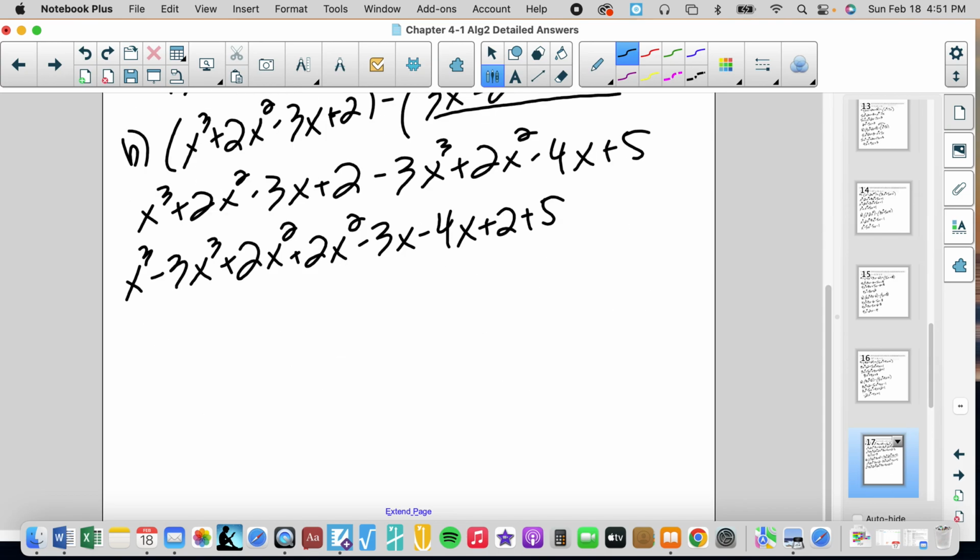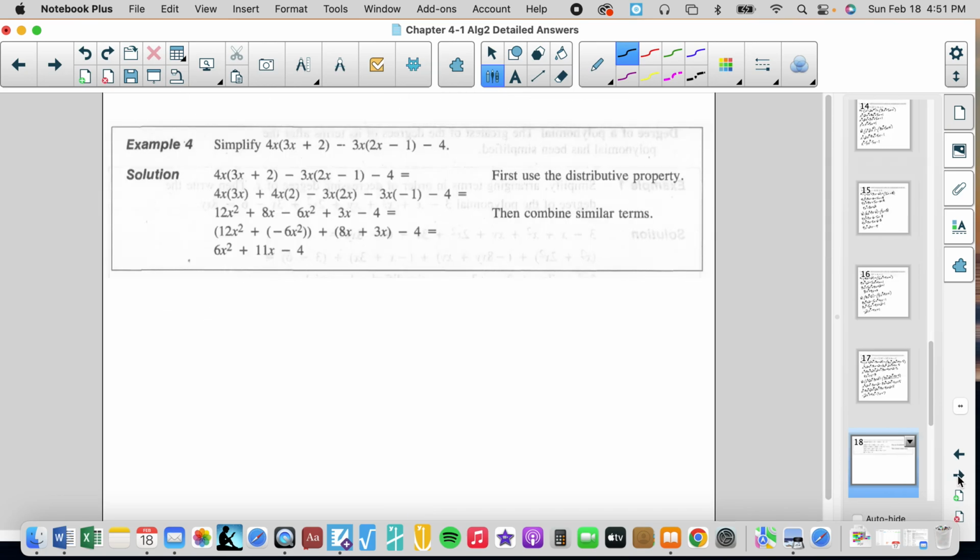So negative 2x cubed plus 4x squared minus 7x plus 7. Check that one. Negative 2x cubed plus 4x squared minus 7x plus 7. Nice. We're good.